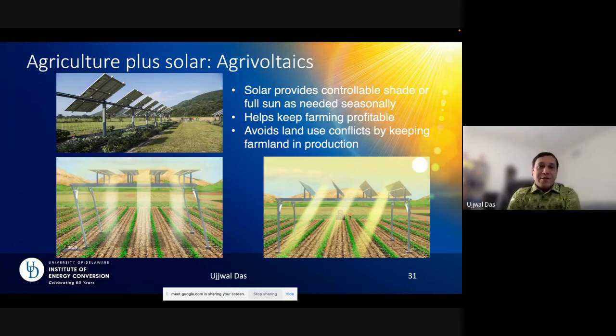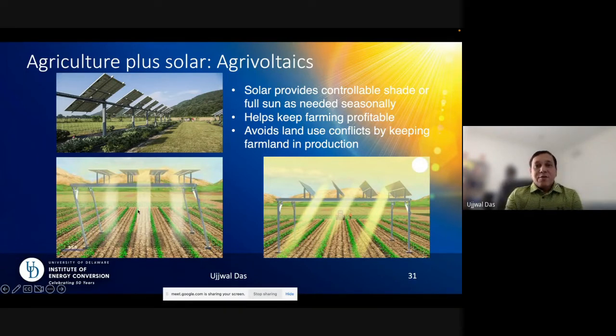Another topic I'd like to touch upon is agriculture. In many places internationally, it has been observed, or politics have enforced, that agriculture and technology can't go hand in hand, so they are like opposites. Solar actually provides the opportunity to have both agriculture and energy generation at the same location.